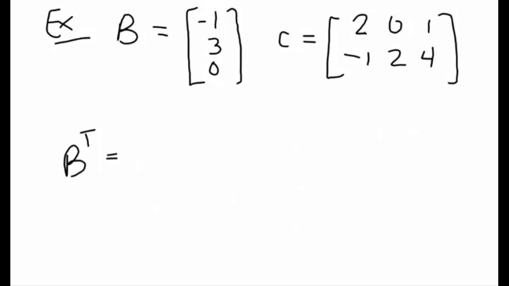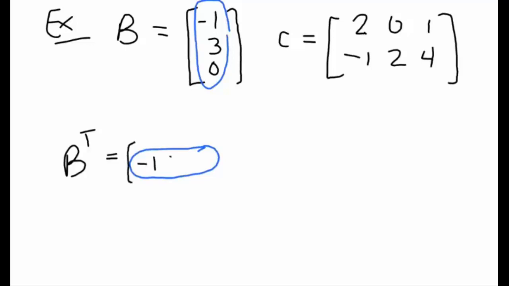Let's work on the matrix B. If you prefer, you can also circle columns and turn those columns into rows. So in this case, our B transpose is going to look like this: -1, 3, and 0 as a single row.